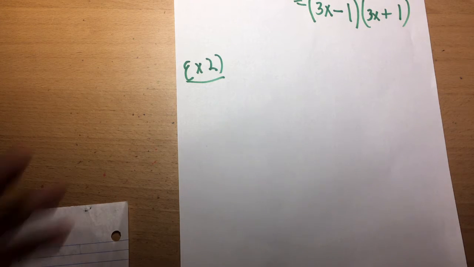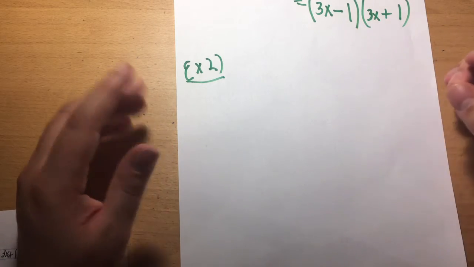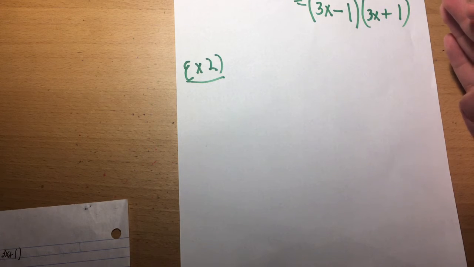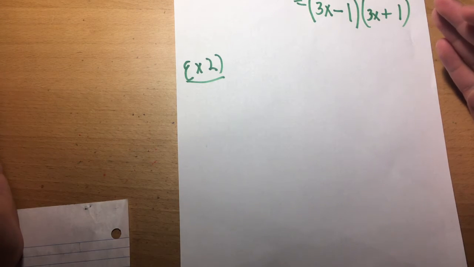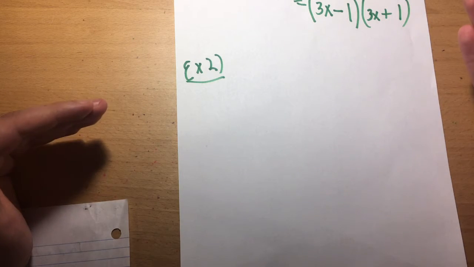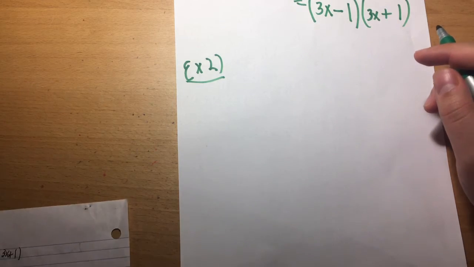Any variable where the exponent is an even number is automatically a perfect square. You should also be familiar with a few of the smaller perfect squares, like 1 squared is 1, 2 squared is 4, all the way up to 12 squared is 144.